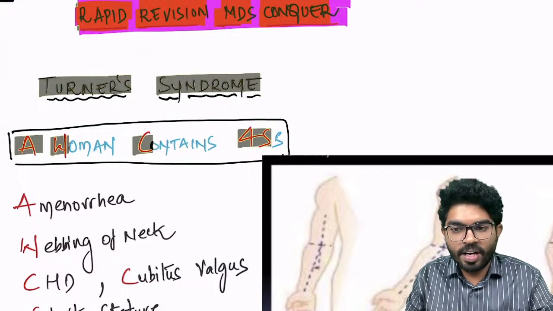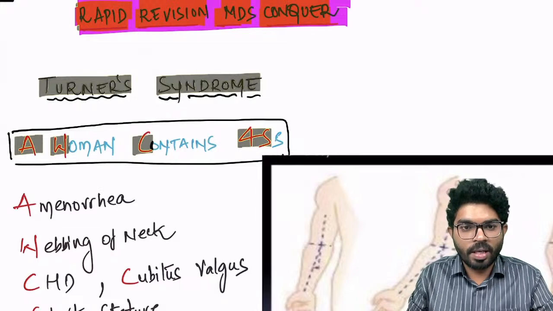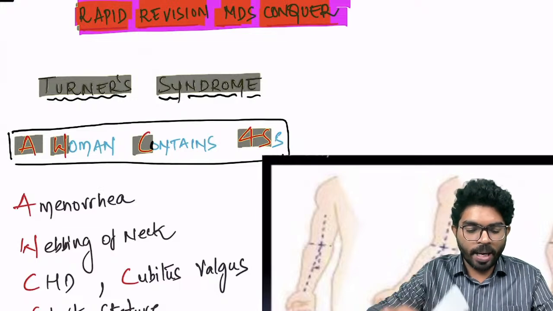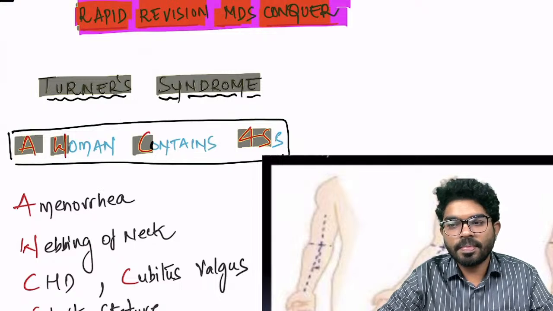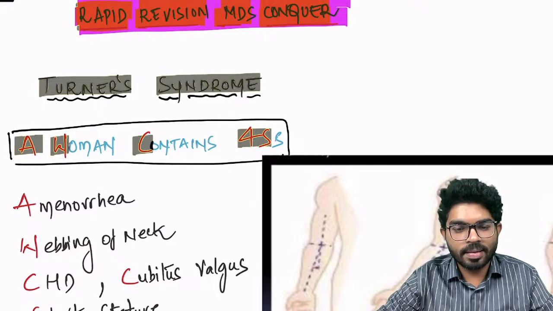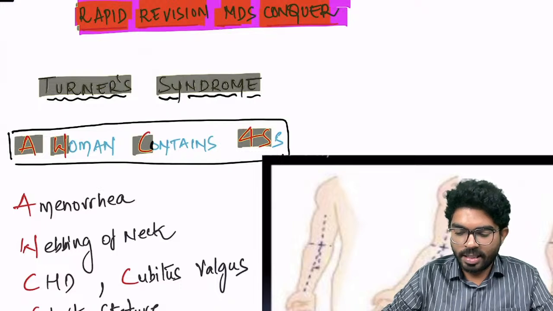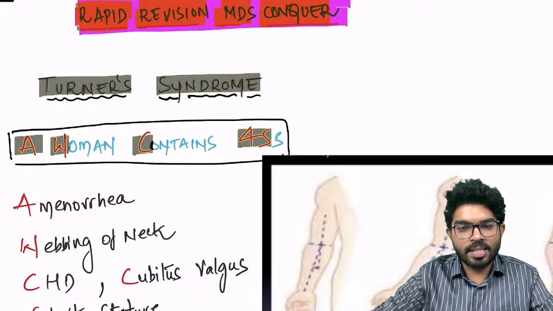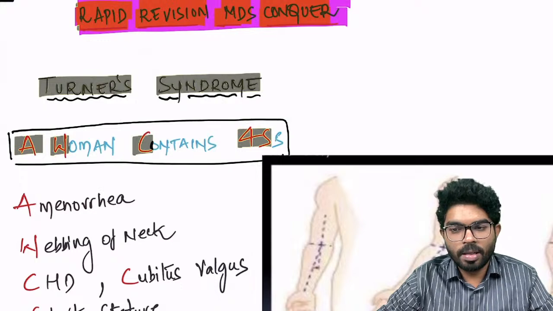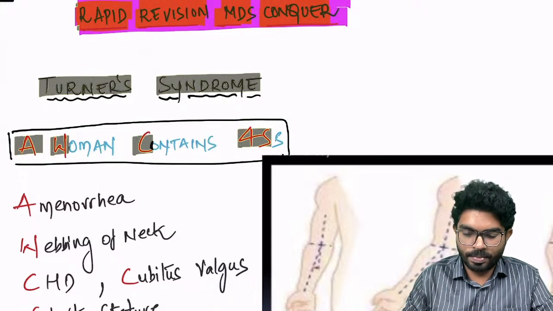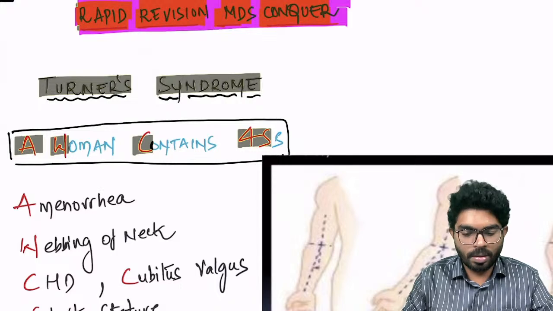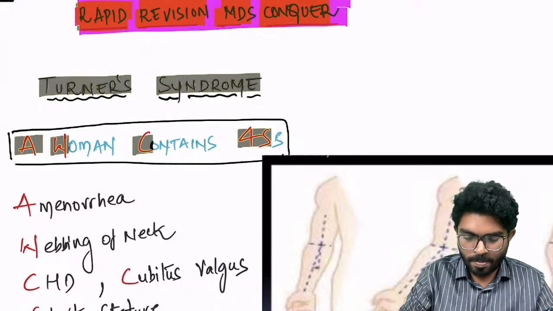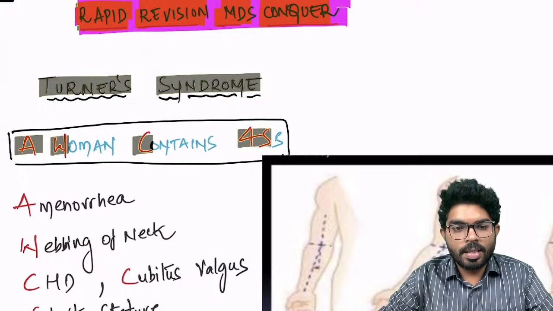Web of neck is a very frequently asked question. Then C for congenital heart disease.